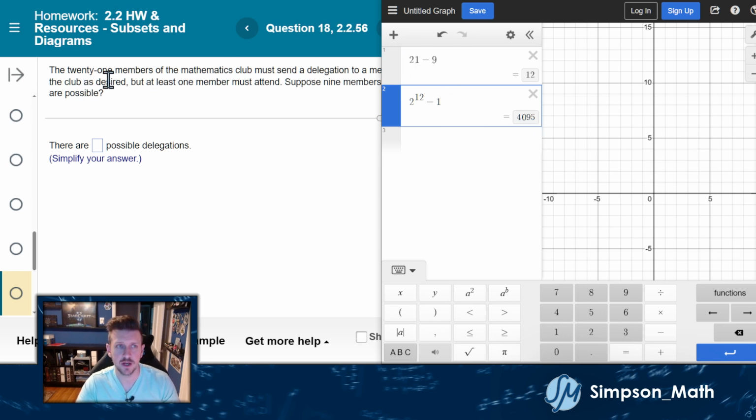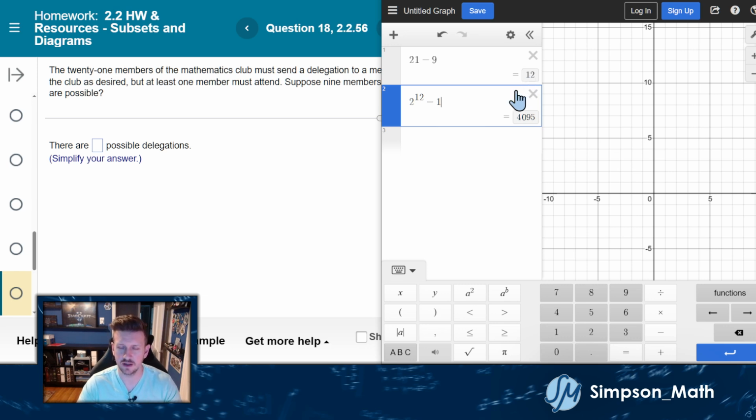Let me say that again. We had 21 people in the club. 9 are like, I'm not going for one reason or the other. So that leaves 12 total people who are willing and interested in going.